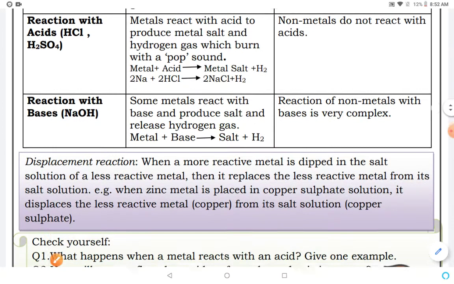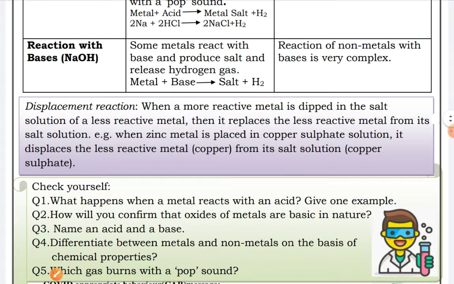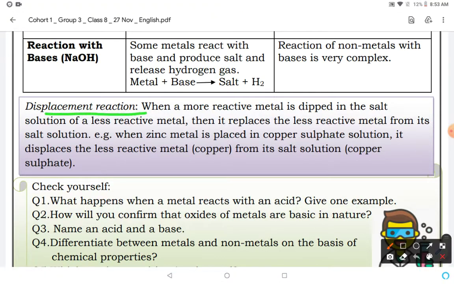Now displacement reaction. You have already studied the displacement reaction. What is a displacement reaction? When a more reactive metal is dipped in the salt solution of a less reactive metal, it replaces the less reactive metal from its salt solution.